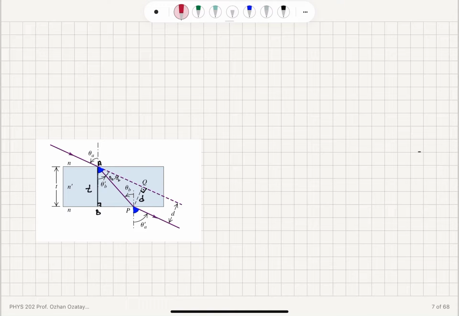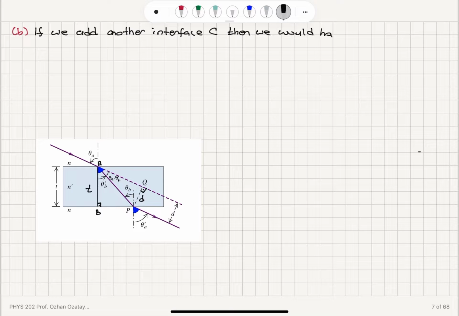Now, if we generalize this to the case where we have many parallel flat surfaces, let's say we add another interface C. Then we would have n sine theta A, the law of refraction, giving us n prime sine theta prime B, giving us n prime sine theta B because it's the same angle on two sides.